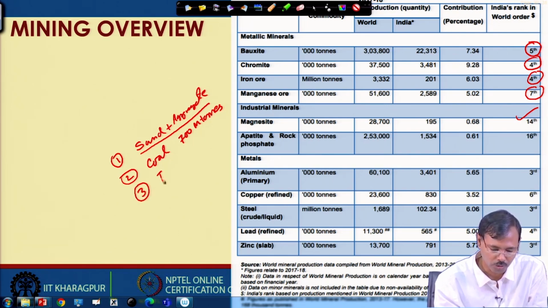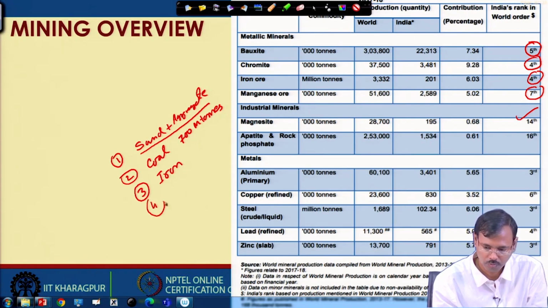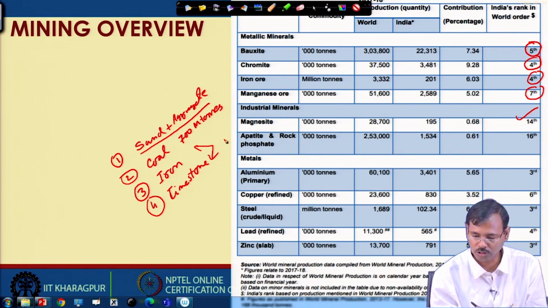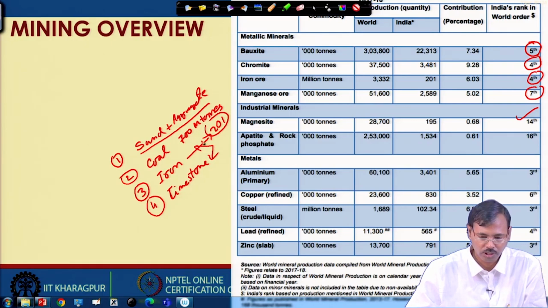Third, iron ore. Then limestone. This is more or less the ranking. We are producing almost 200 million tons of iron ore, 200 million tons of iron ores every year.